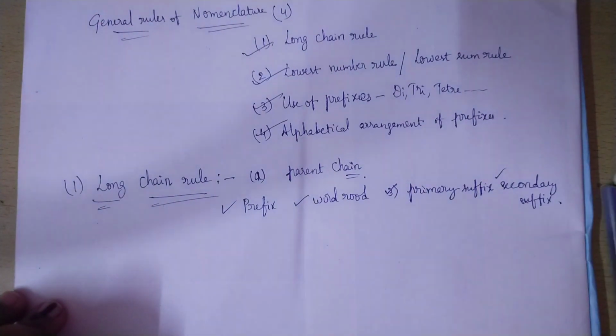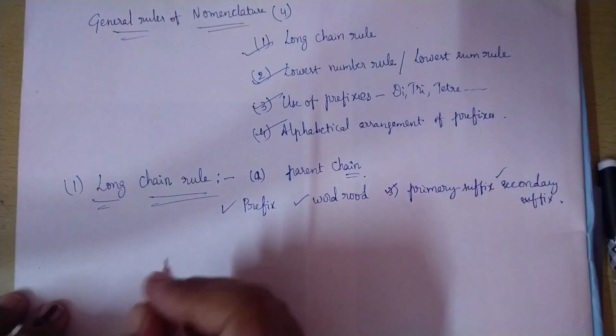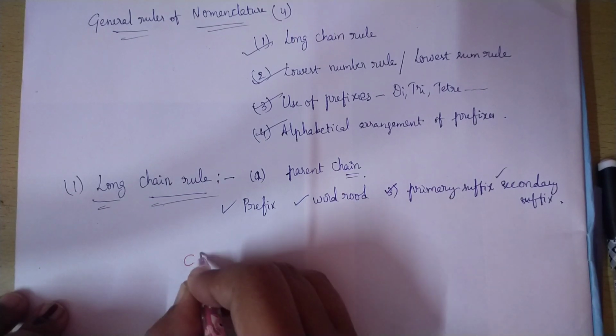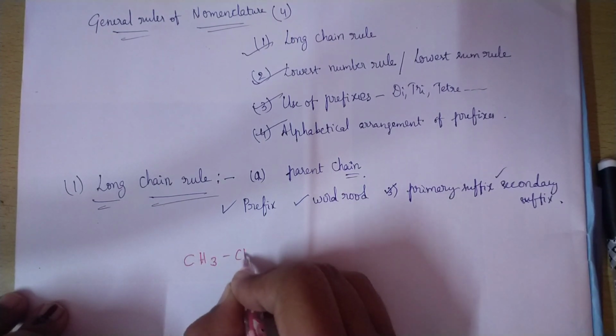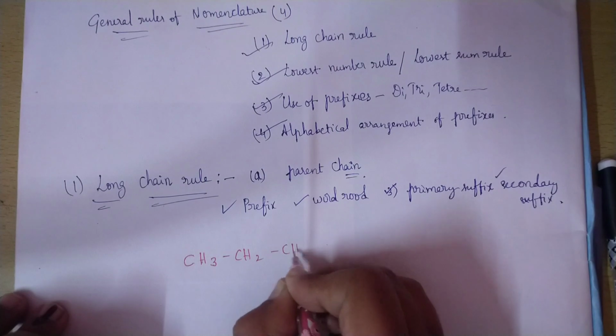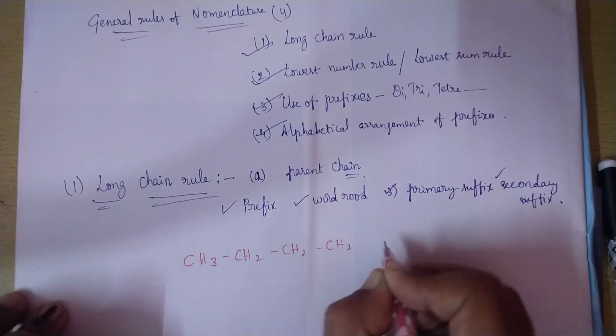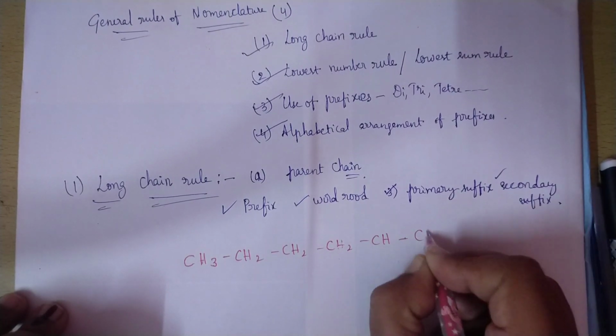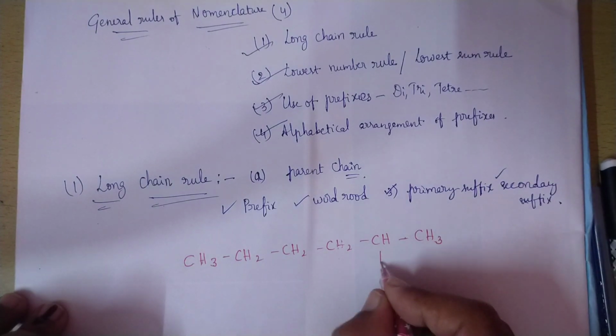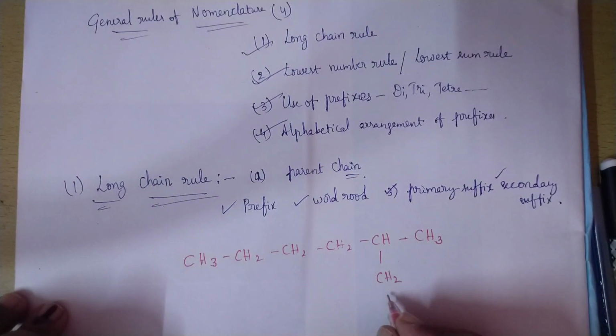Let's try to write the name for one structure. Example structure: CH3, CH2, CH2, CH2, CH, CH3, CH2, CH3.